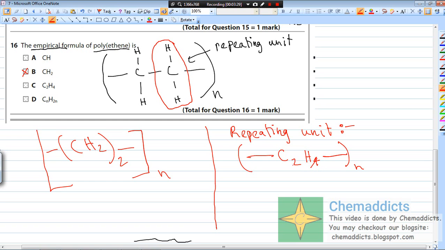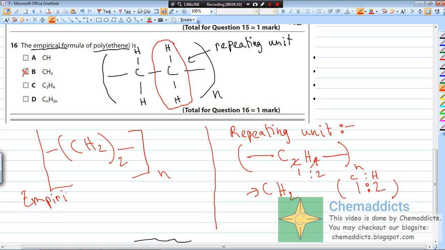the simplest ratio of carbon and hydrogen is 1 is to 2, so the empirical formula for this is CH2. Since the simplest ratio for this repeating unit is 1 is to 2, the carbon to hydrogen ratio, that is why this is the empirical formula.